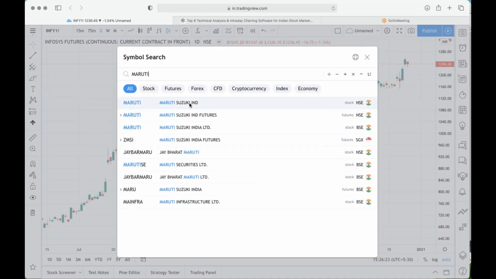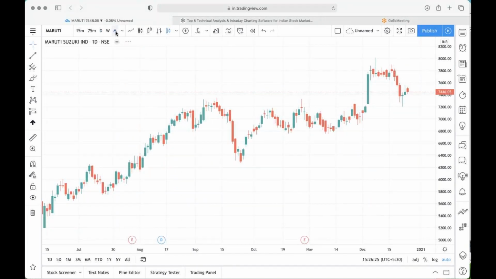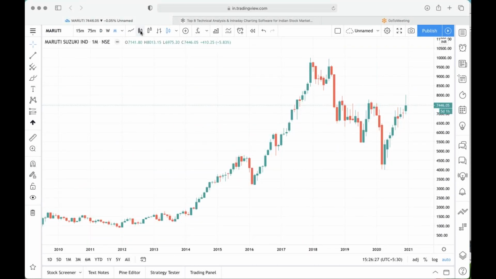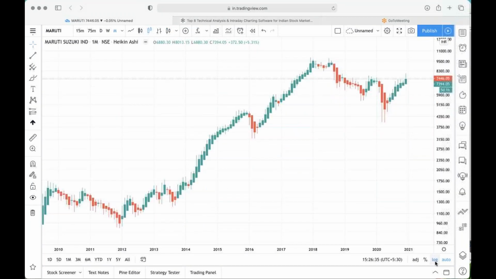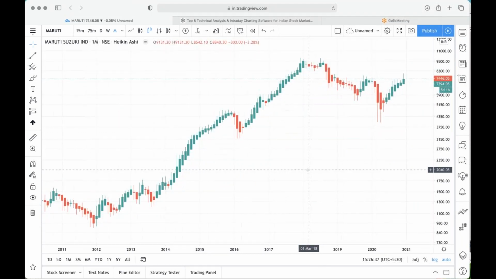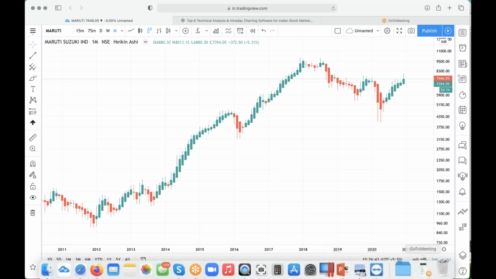Maruti monthly chart and Heiken Ashi chart.